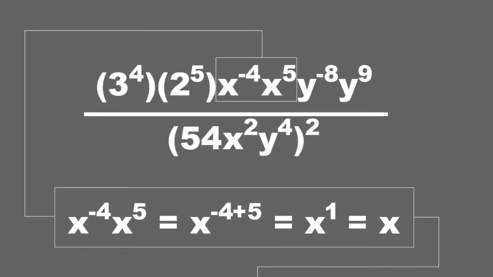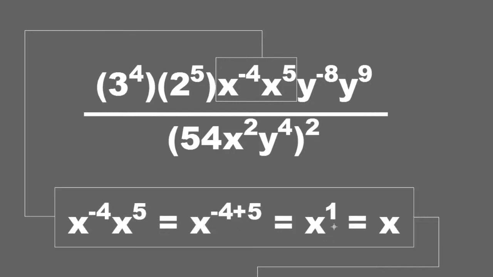But remember the property of exponents. If you have two similar bases with different exponents, that results in the same base and the addition of the exponents. So here I have x with the new exponent being -4 from one x plus 5 from the other, and -4 plus 5 is just 1.